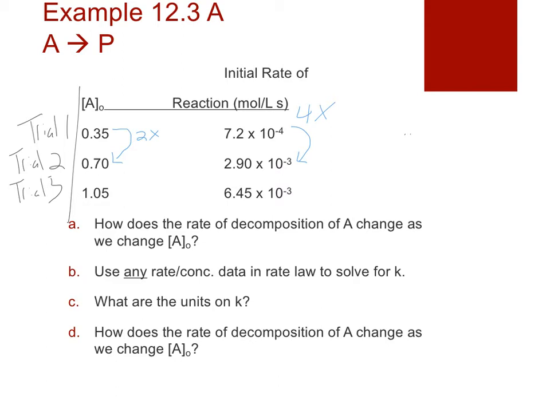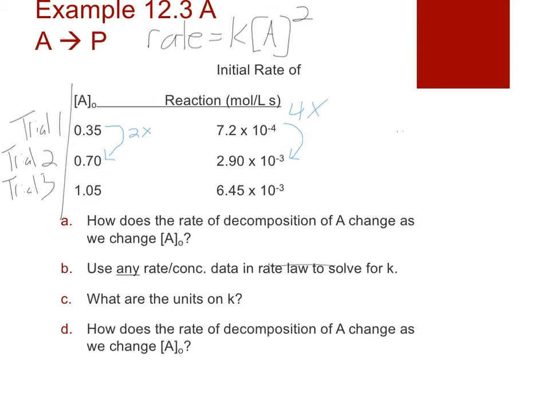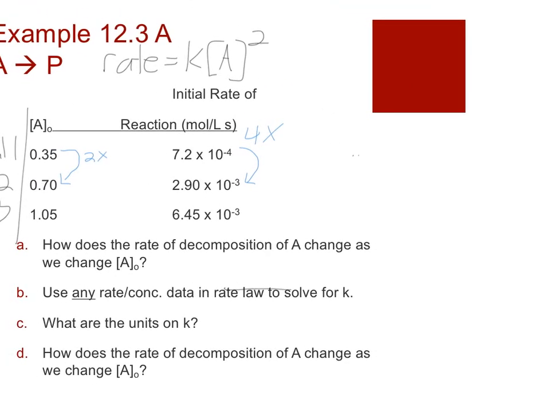Okay? So my rate law here is going to be rate equals k A squared. We just visually looked at this and said, double that, what happens here? It quadruples. There's a mathematical way to do it as well. Let's take a look. This is a much longer way, and very rarely will you be required to do this.